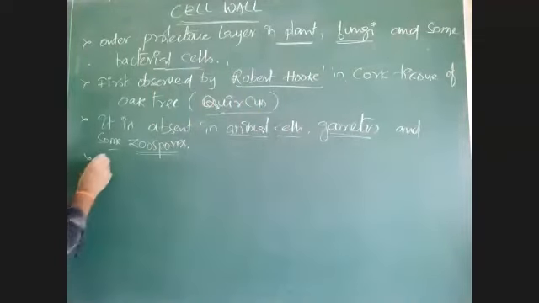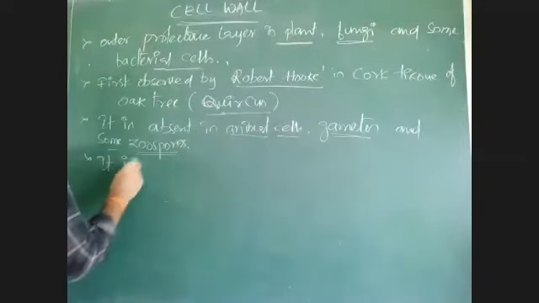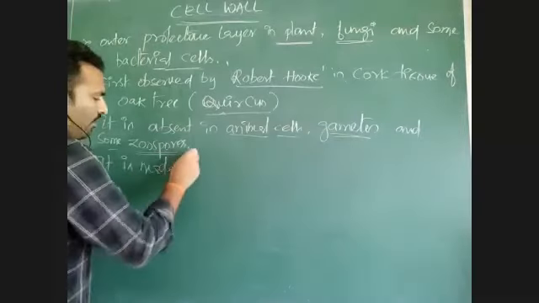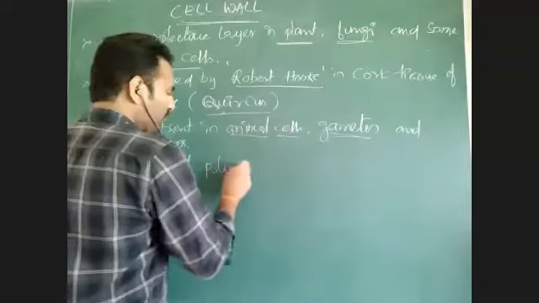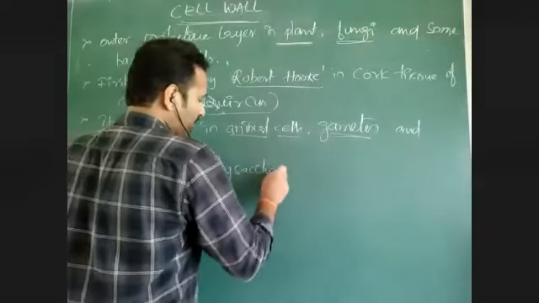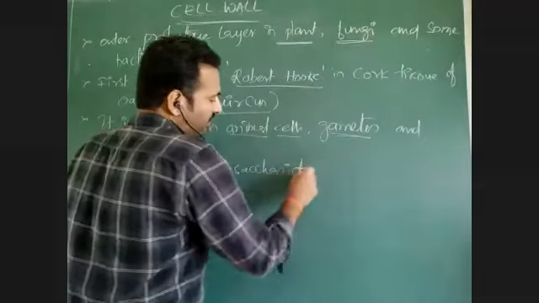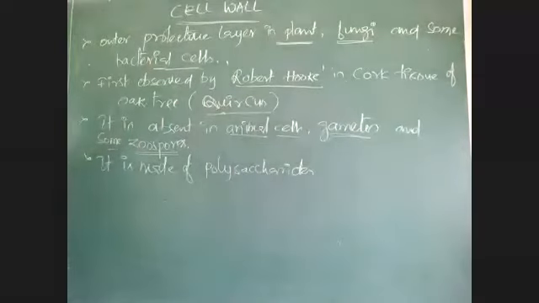The cell wall is made majorly of polysaccharide compounds, a class of carbohydrates.